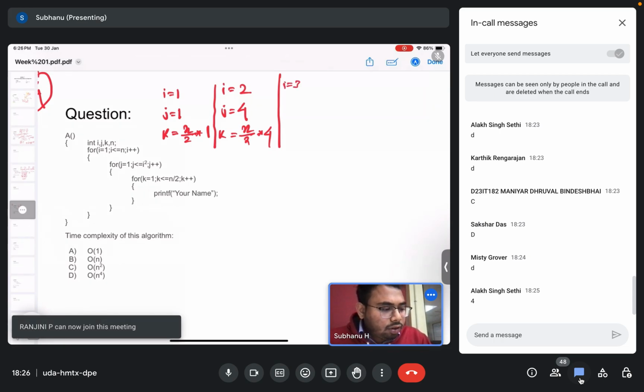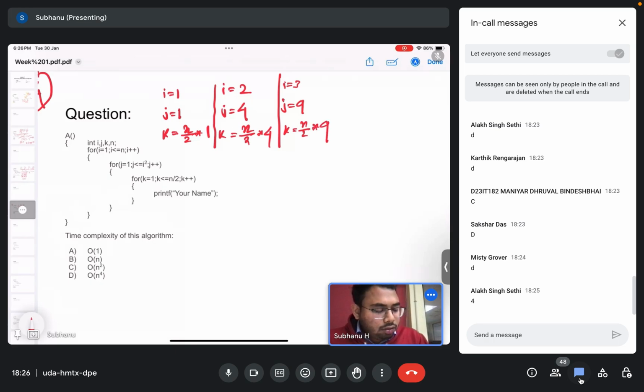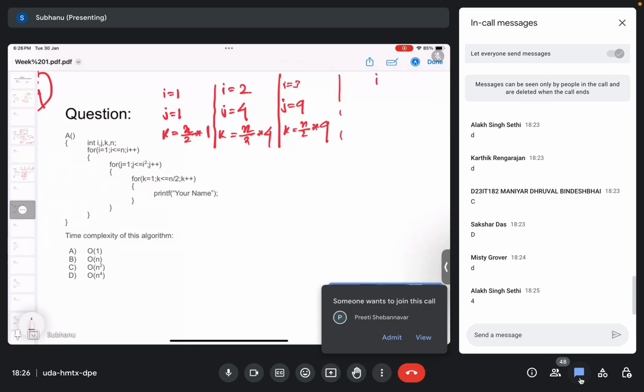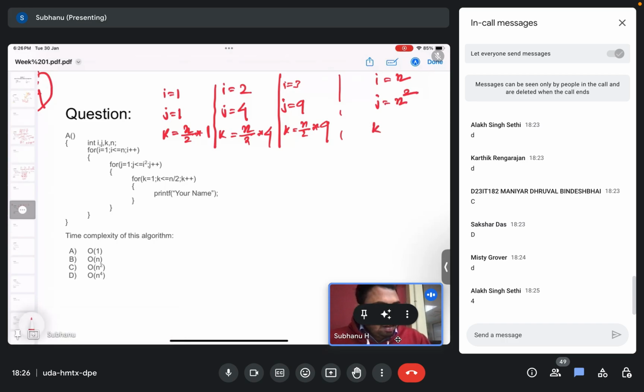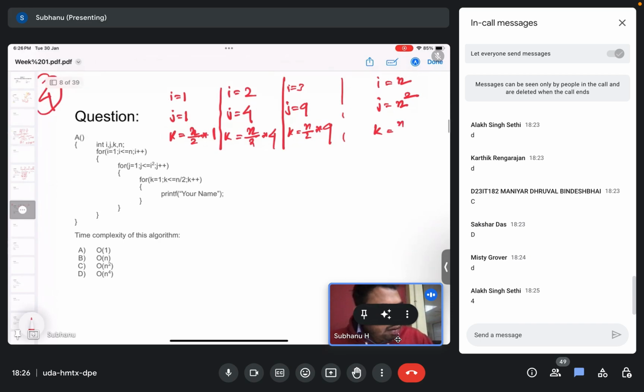You can see that for i is equal to 3 also, j is equal to 9, and k will run up to n by 2 into 9 times. So like this, when i is equal to n, j will run till n square, and k will run till n by 2 into n square. So that is basically k is equal to n cube by 2.